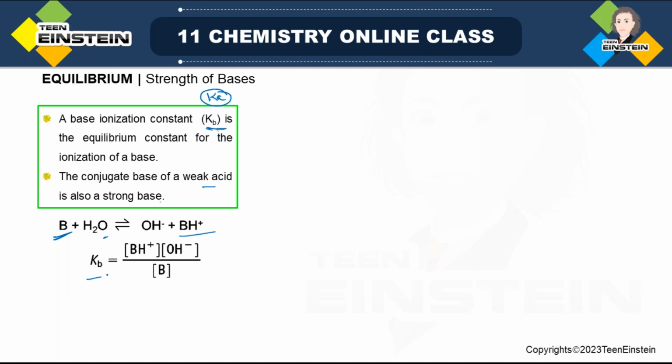So the equilibrium constant for the ionization of base, or you can say ionization constant of a base, Kb, is concentration of BH plus cation multiplied by concentration of HO minus anion divided by undissociated B concentration. As usual, we have avoided water because it is present in excess.